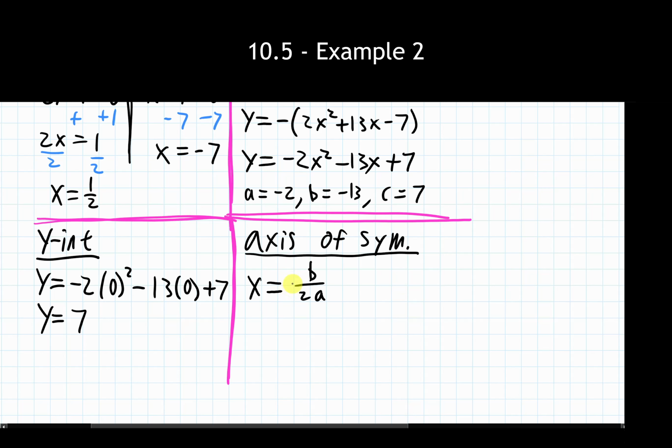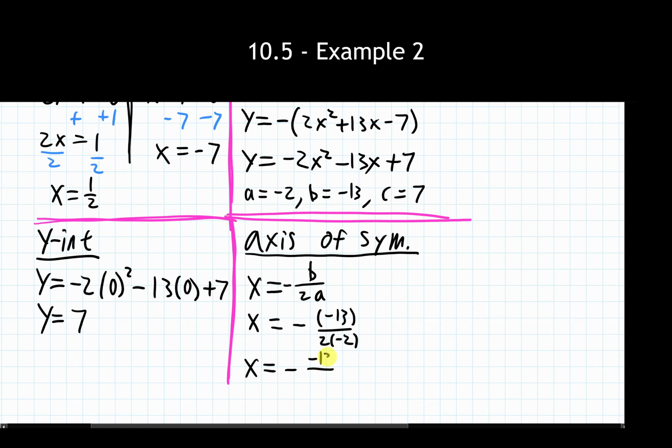There we go. And I'm plugging in the a and b values that we found previously. I'm going to have this -13 up top, and then I have -2 down below. I have a negative and a negative here. Well, we've got a negative out front. I'll just leave it for now. We'll deal with the signs in a second.